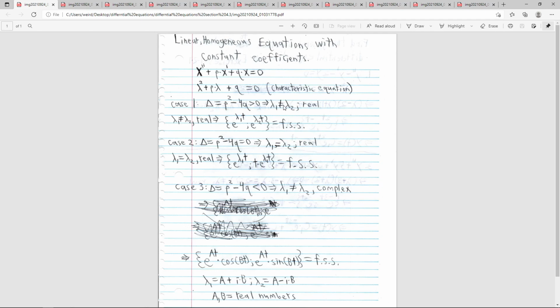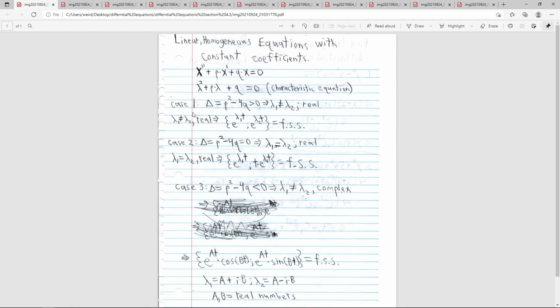Using the lambda values, we get a fundamental set of solutions, or FSS, and you use that to form the solution to your differential equation.